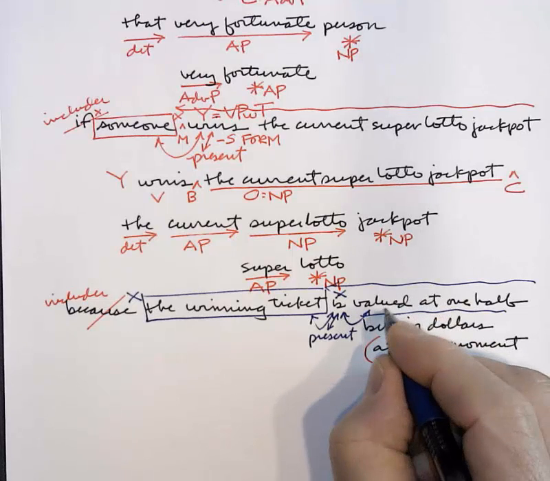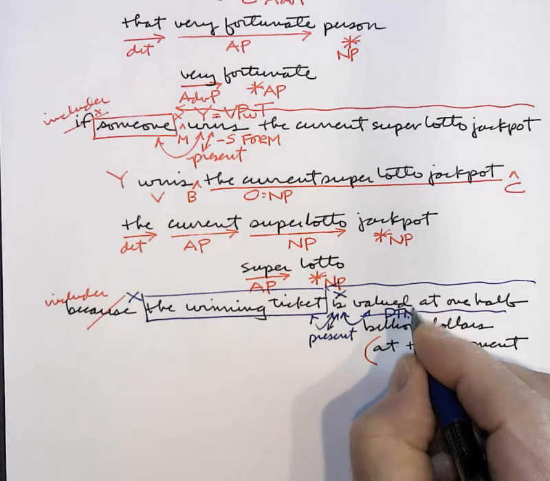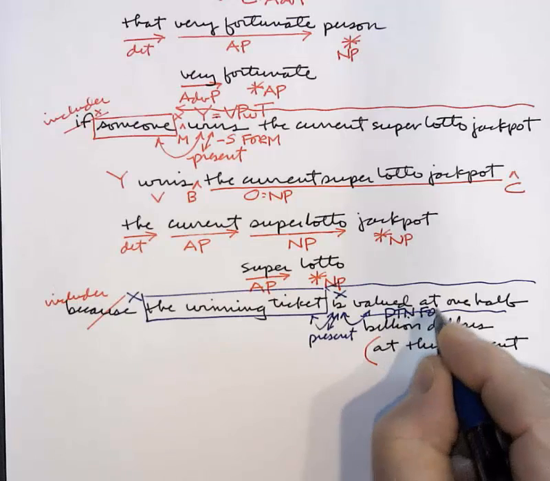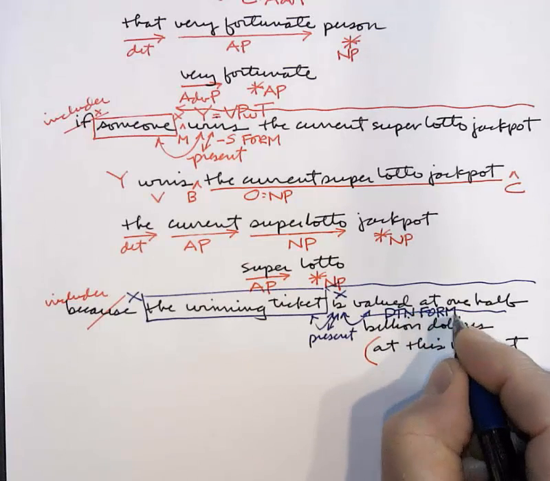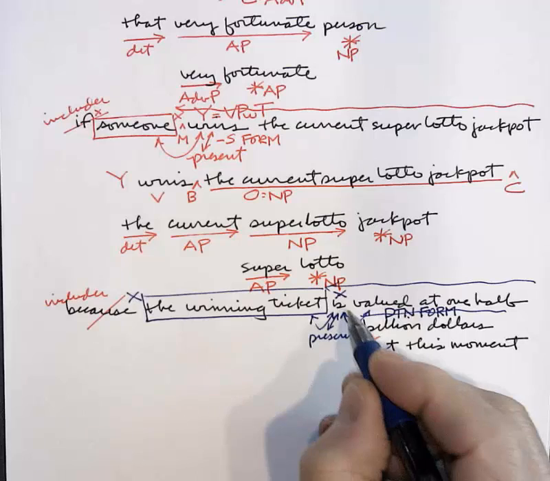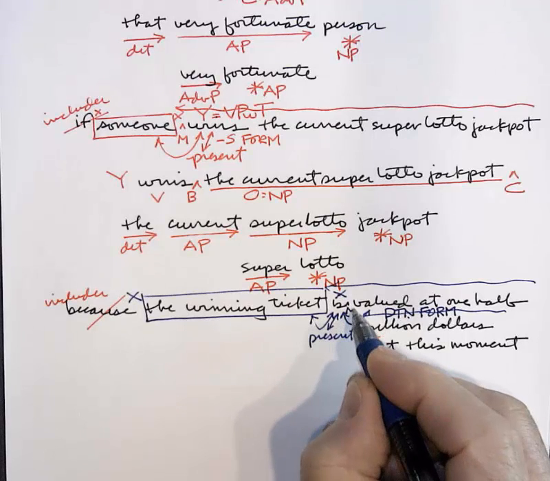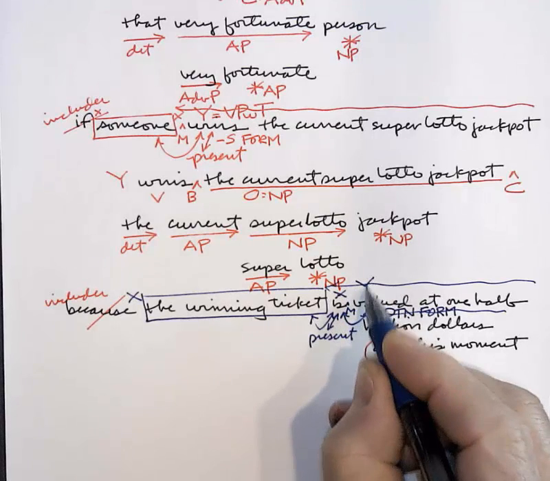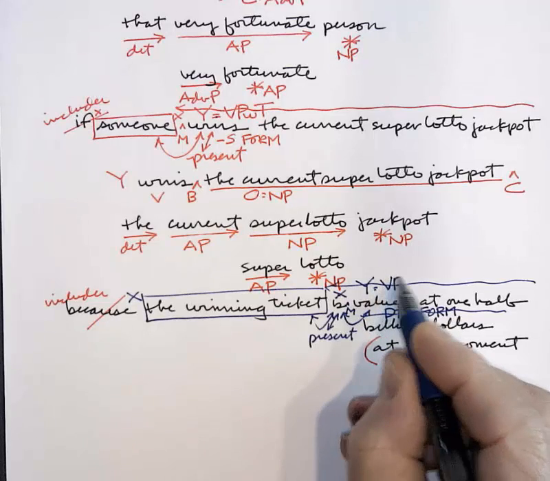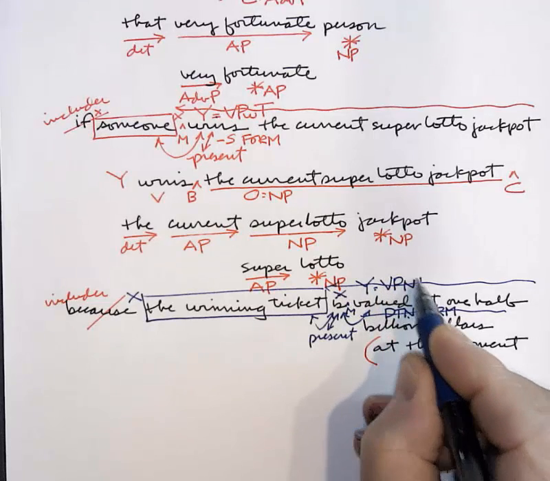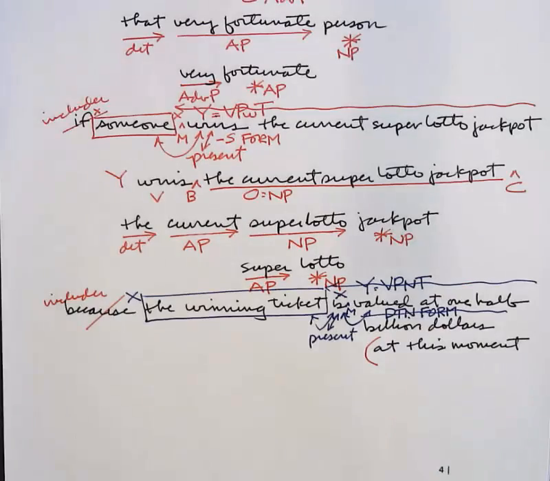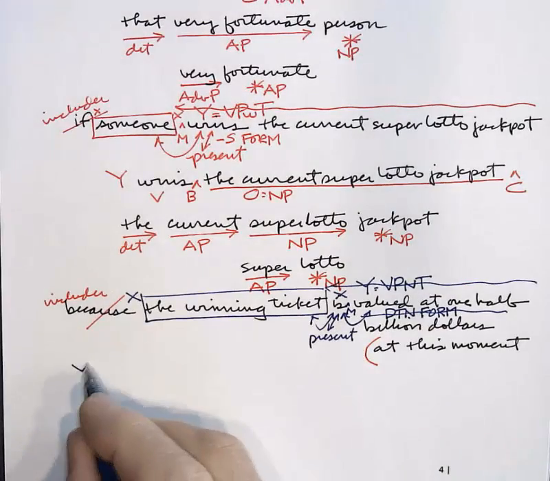Valued is the DTN form. This is a passive sentence. The M place is empty, and Y is a verb phrase, no time. So let's look at our Y.